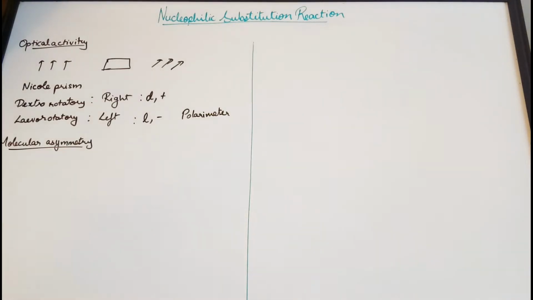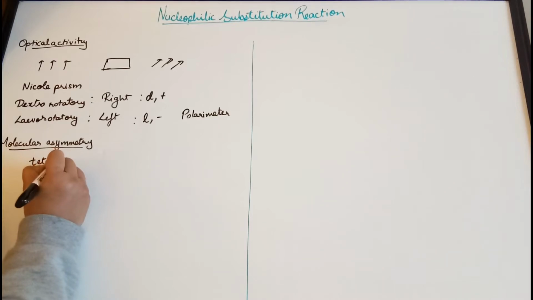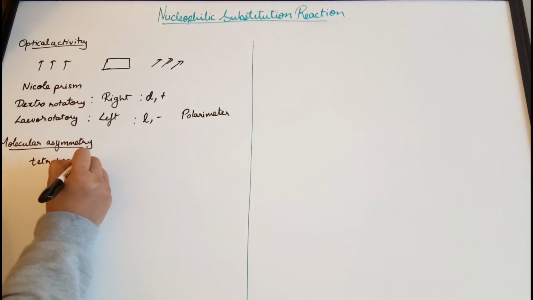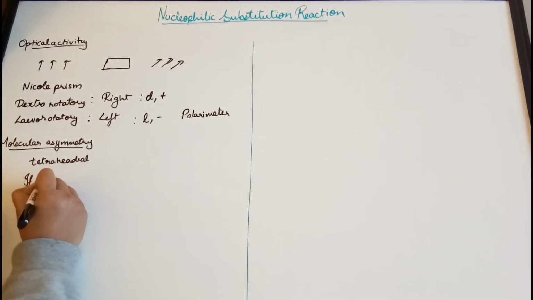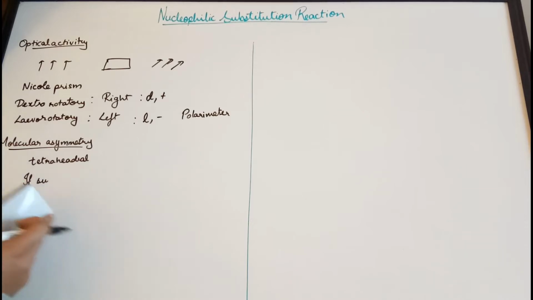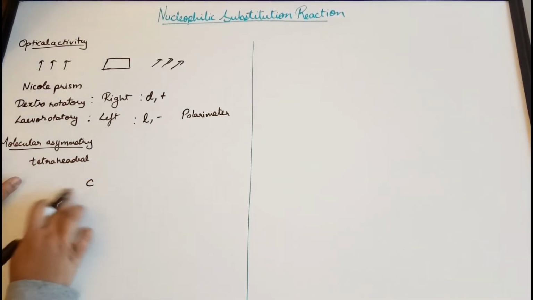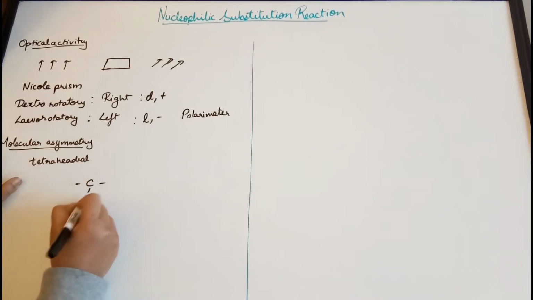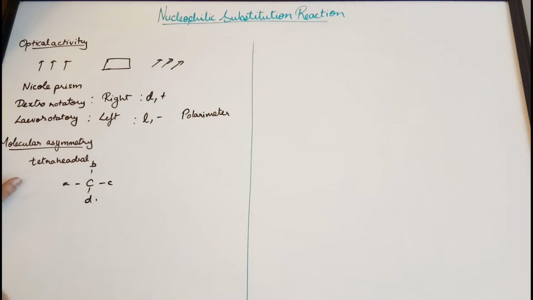First of all, the spatial arrangement around a carbon in a carbon compound is going to be tetrahedral. The second thing, the substituents: in our molecule, let's take this carbon atom, it is bound to 4 different substituents. So A, B, C, D, 4 different substituents.